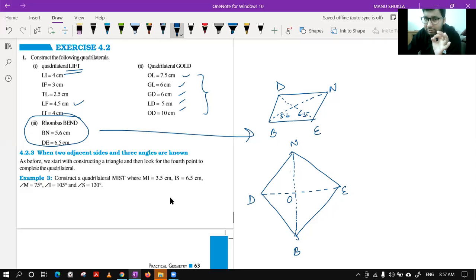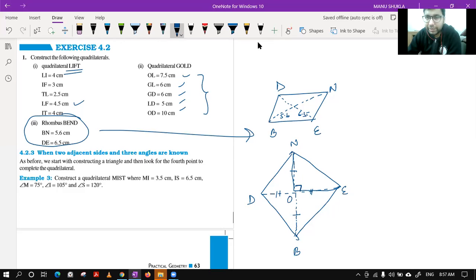That means this ON is equal to OB, this OD is equal to OE, and this angle is 90 degrees. Class, so can we say this triangle NOE is a right angle triangle? Yes, because it is a property of rhombus that diagonals bisect each other perpendicularly.